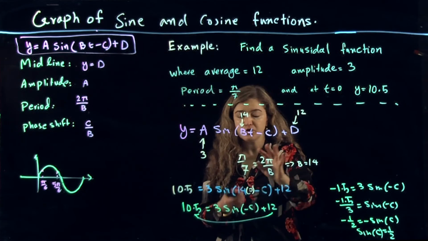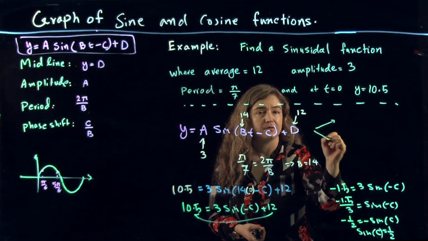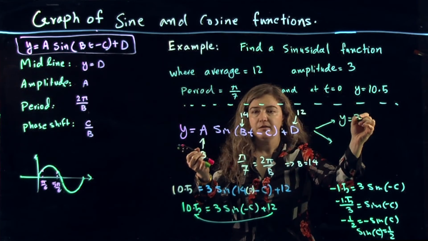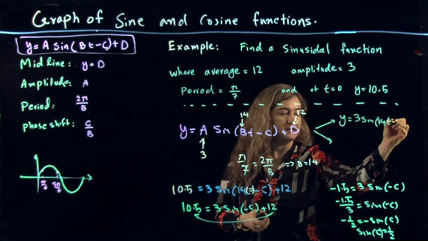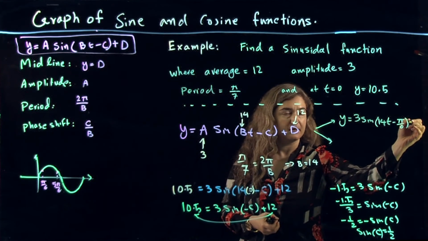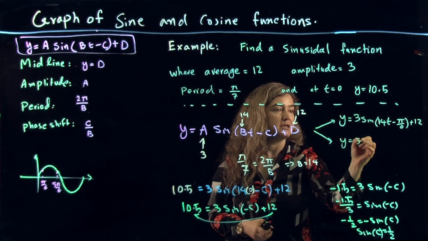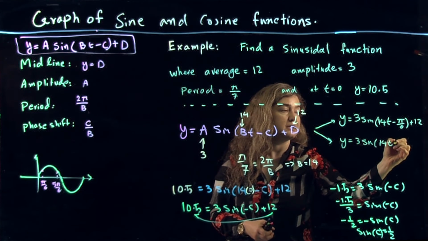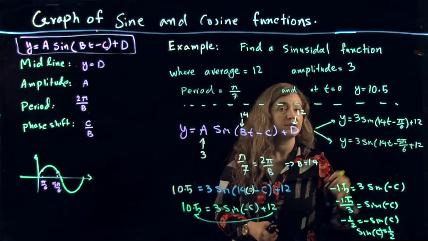So the solution could be two answers: y equal to 3 sine of (14t minus pi sixth) plus 12, or it could be 3 sine of (14t minus 5 pi sixth) plus 12.